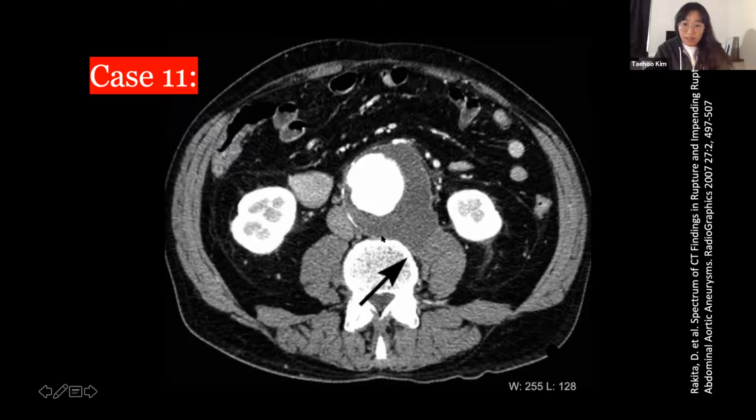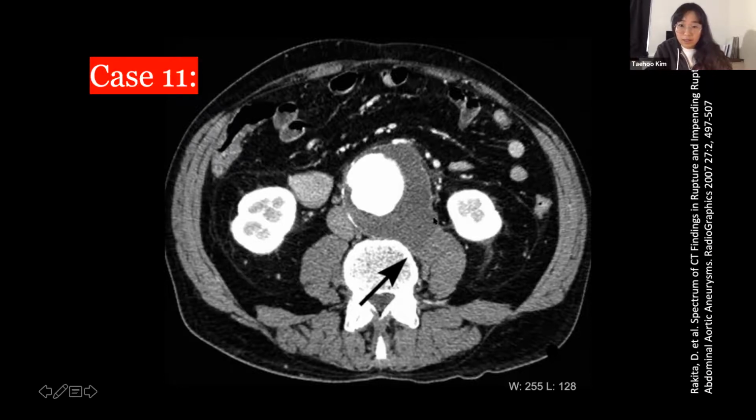So you see how the border is going around the psoas muscle and the vertebra? Does anyone know the name of the sign? It's in the spectrum of the acute aortic syndrome. So the name of it is draping sign.